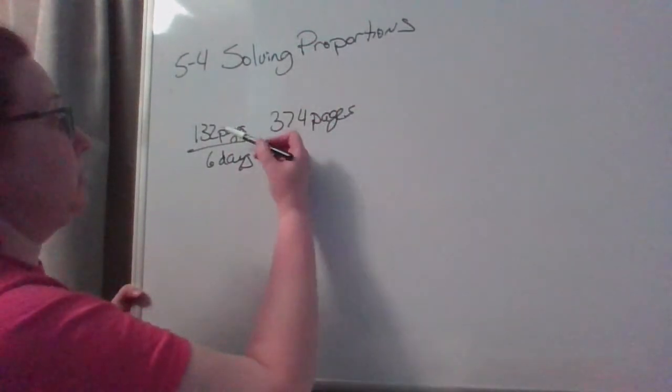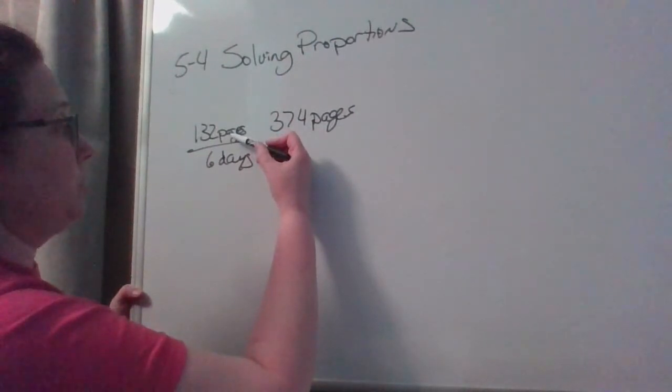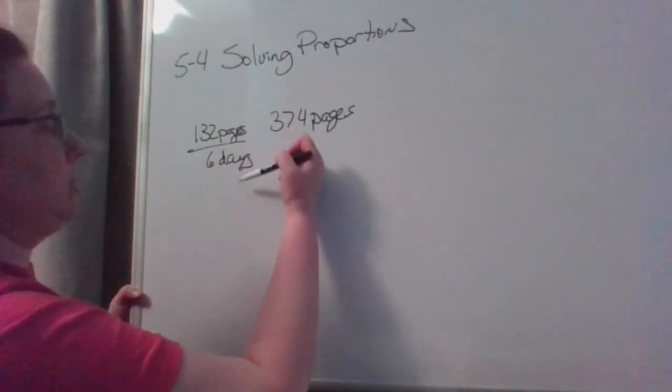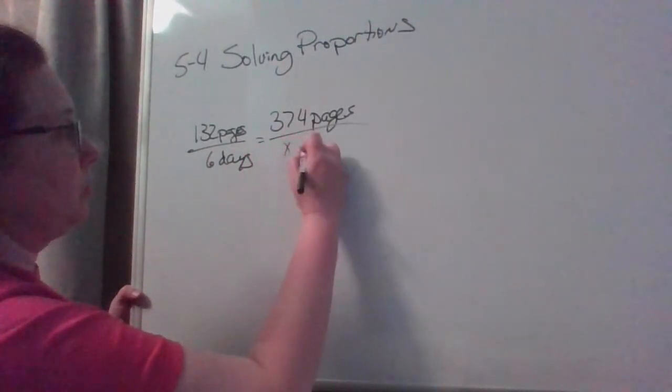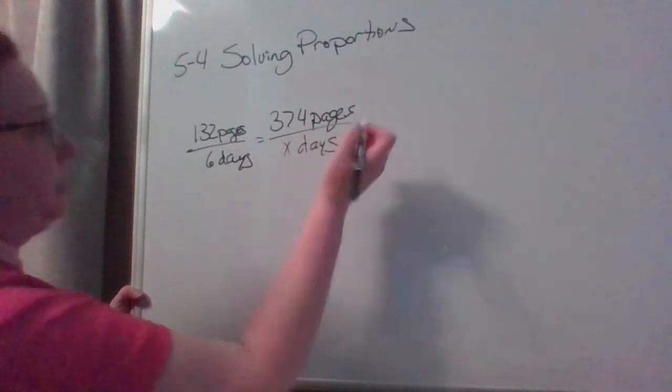We know that it's taking 132 pages. Took us 6 days to read that. We're trying to figure out how long it's going to take us to read the whole thing.